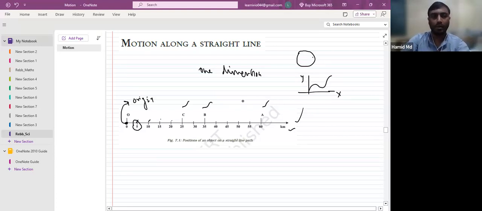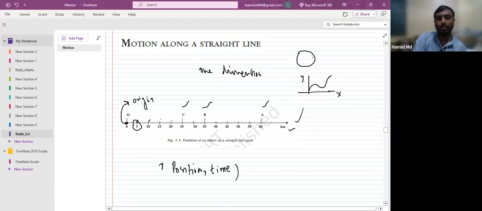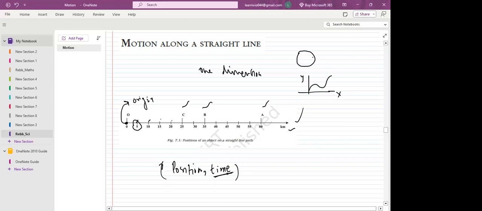So to note the motion along a straight line, we need position and time. These two quantities are important because without time, the description is incomplete. Clear? Yes, sir. How is it incomplete?